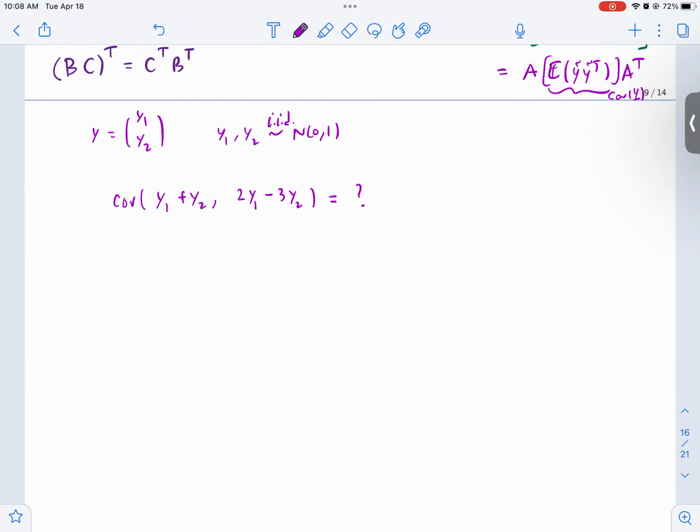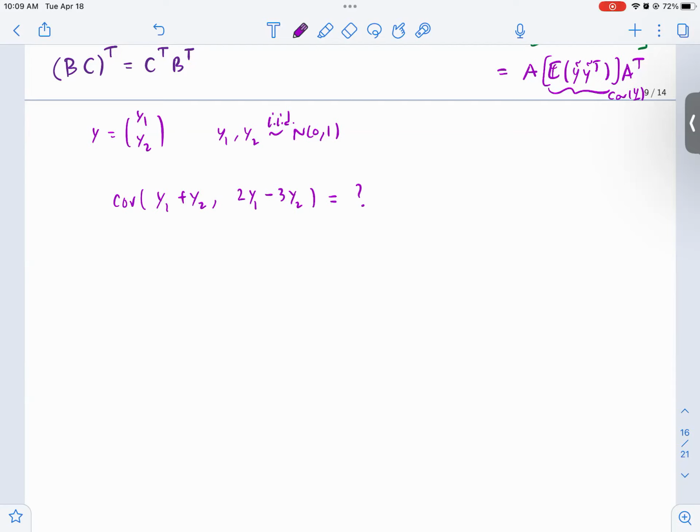You can find the distribution of y1 plus y2. Okay, and then from there you take that. So if you want to do that, you have to find the joint distribution, not the distribution of each one separately. You need to find the joint distribution of this and that, because covariance is a property of the joint distribution, not the individuals.